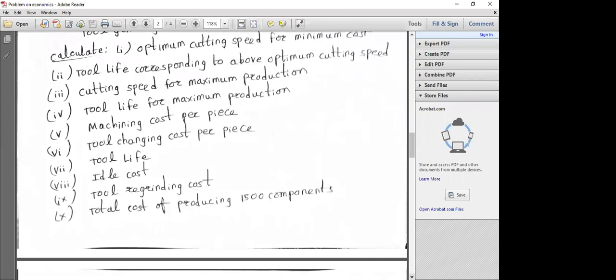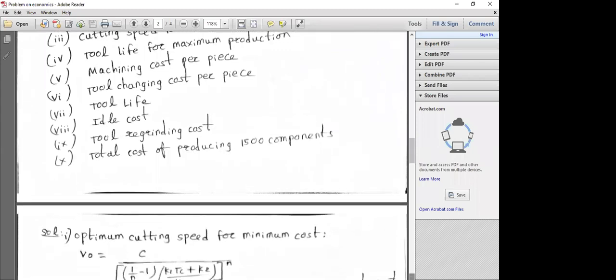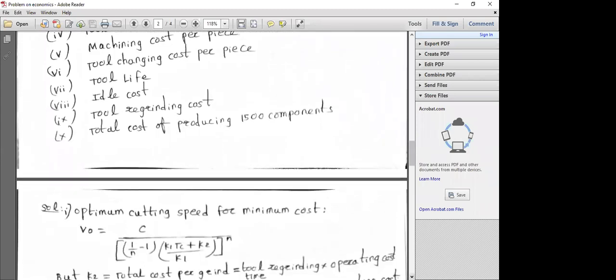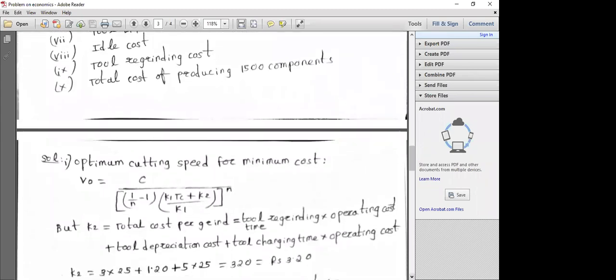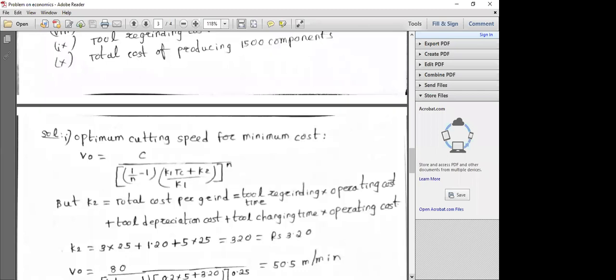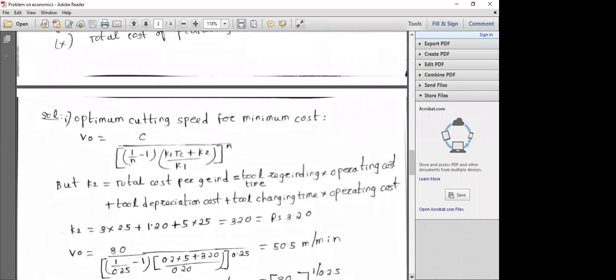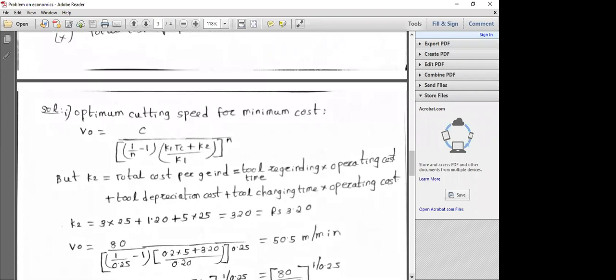So just go one by one, observe the formula, and try to note it down. Without practicing the derivation or writing down the formula, you cannot take anything into consideration. In the formula, K1 is given directly in the data, but K2 you have to calculate. K2 is the total cost per grind, given by tool regrinding time into operating cost.